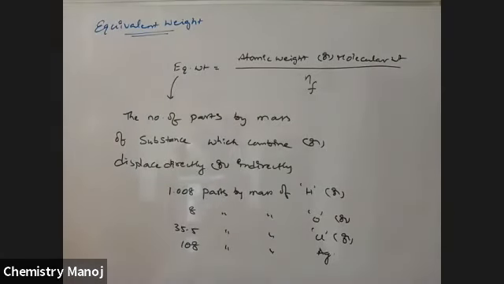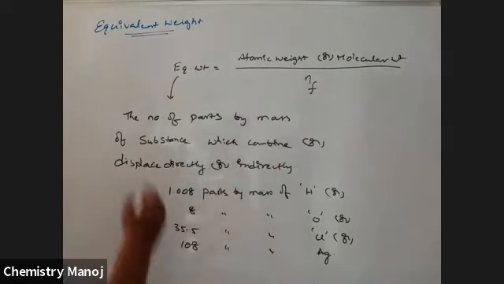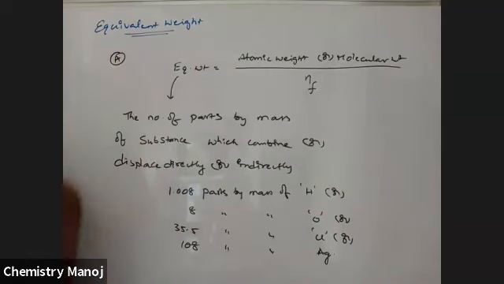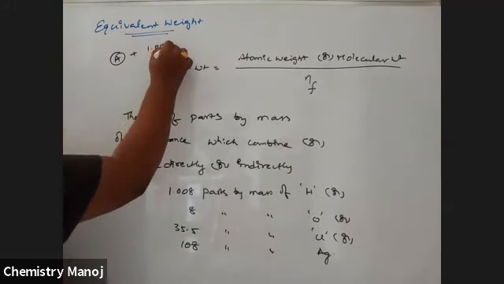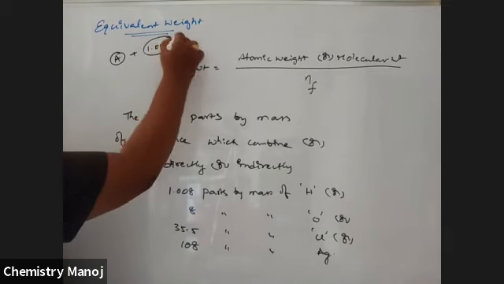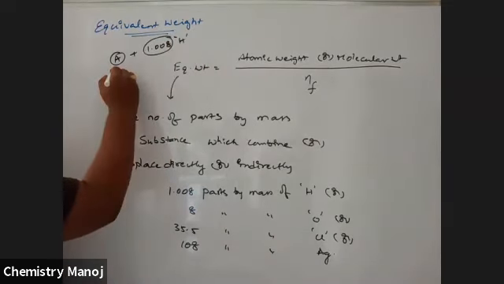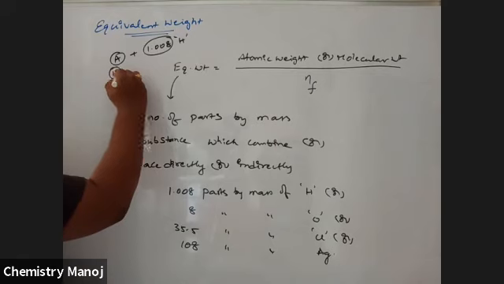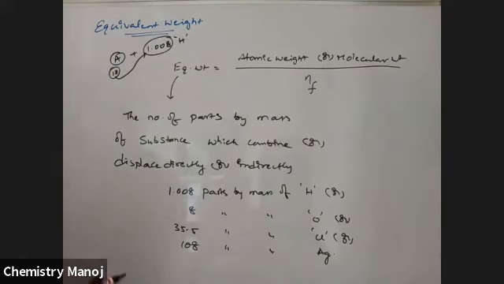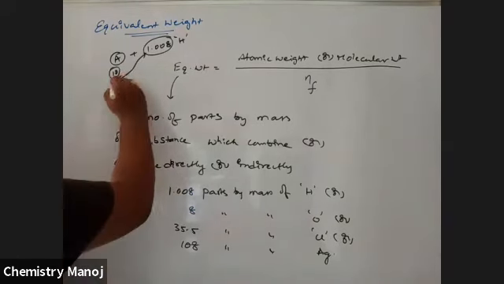That means, for example, there is an element A. It combines with 1.008 grams of hydrogen. So here 10 grams of A combined with 1.008 grams of hydrogen. This 10 grams, how many parts by mass?